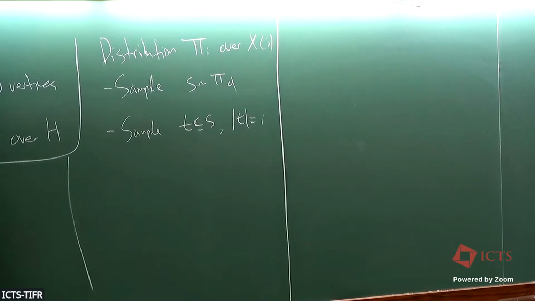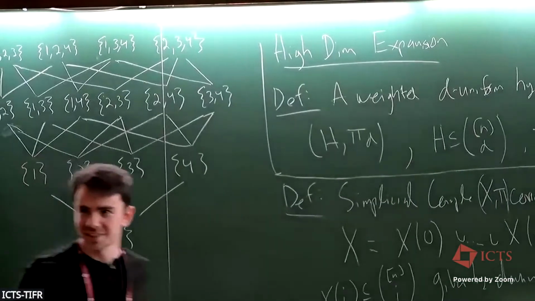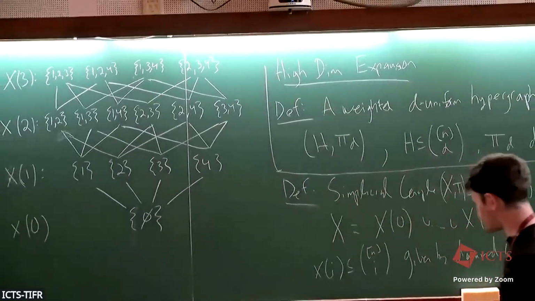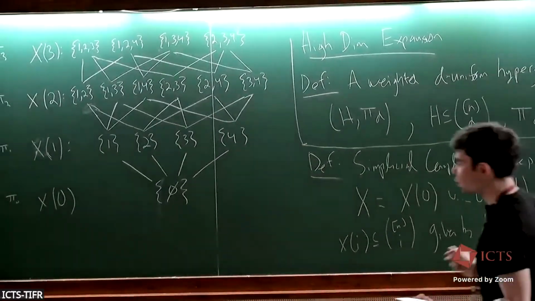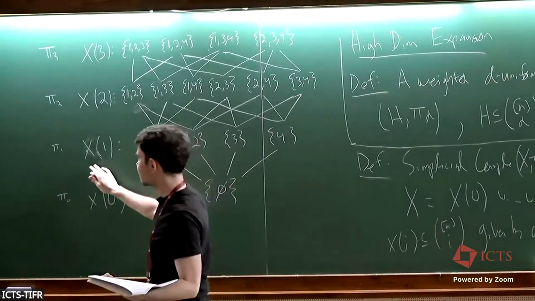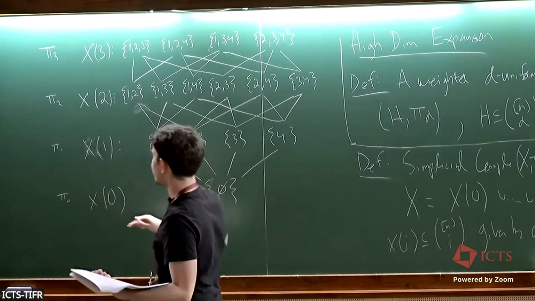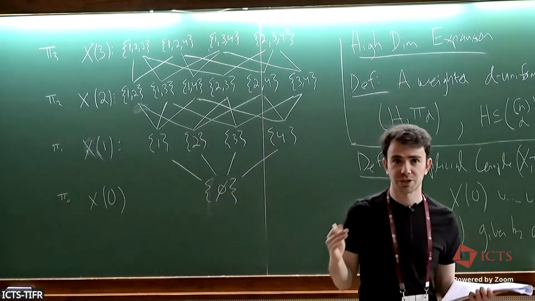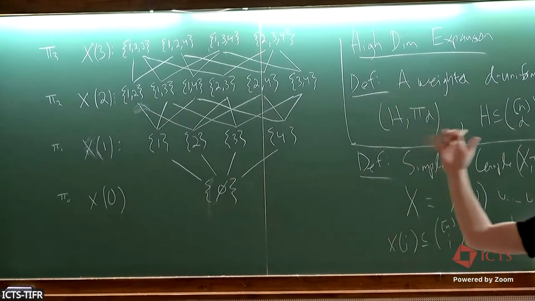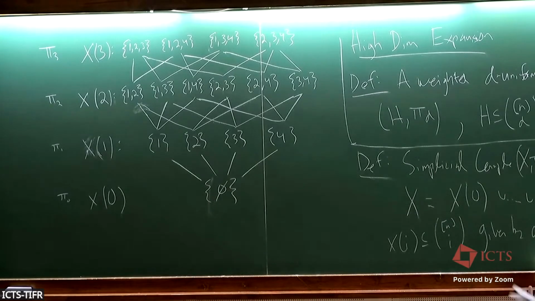I guess pi 0 has weight 1 on the empty set. And these should be viewed in the same way that pi 1 was viewed as the marginal distribution over vertices in the graph. Each pi i should be viewed as the i-dimensional marginal of this D-dimensional object, the D-dimensional complex.